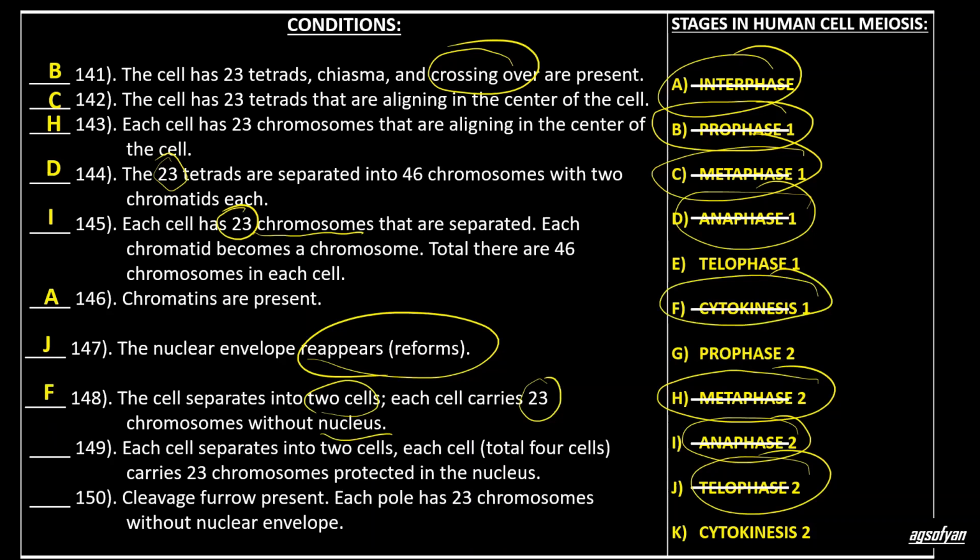Okay, each cell, total 4 cells, carries 23 chromosomes protected in the nucleus. So the cell separated, so it should be cytokinesis. And because each cell now carries 23 chromosomes, or haploid, that will be the product of cytokinesis 2.